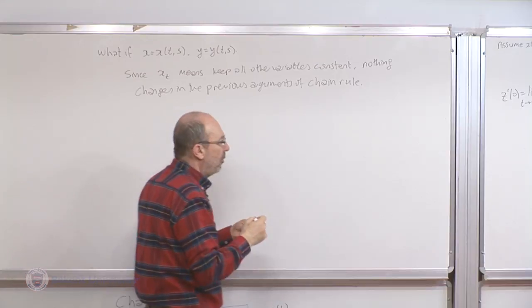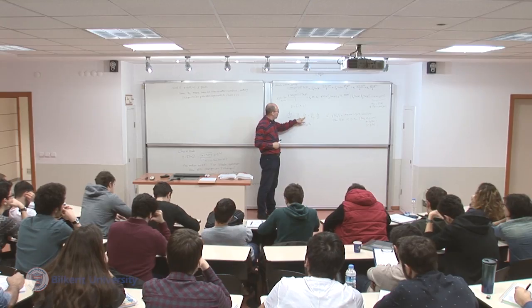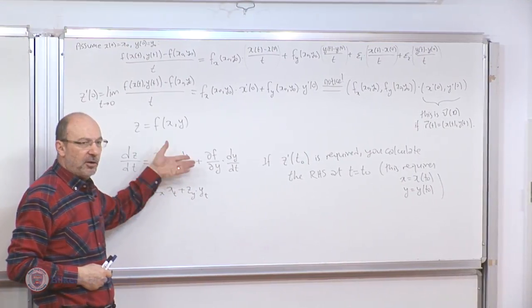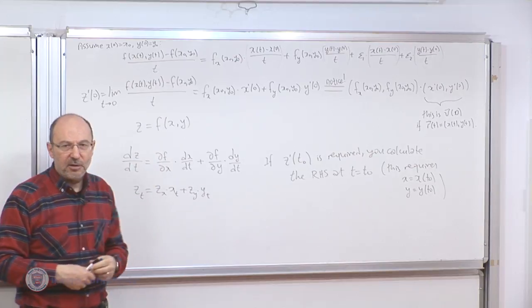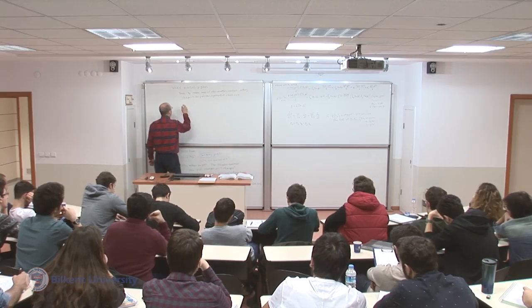If you want to be aesthetic about this, the notation will change, because now x is a function of t and s, so I'm talking about the partial derivative of x rather than just the straight derivative of x. But that's not a major problem. I can write it like this.